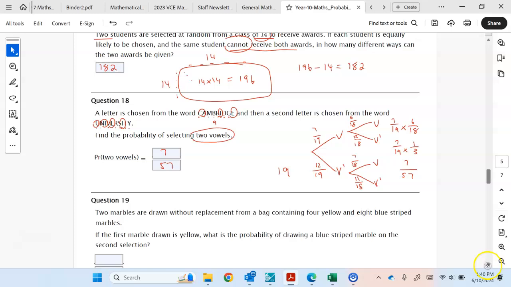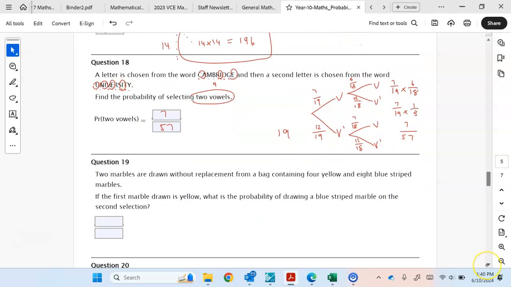All right, question 19. 2 marbles are drawn without replacement from a bag containing 4 yellow and 8 blue. If the first marble drawn is yellow, what is the probability of drawing a blue marble on the second selection?